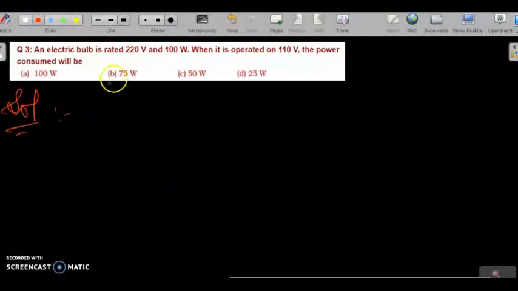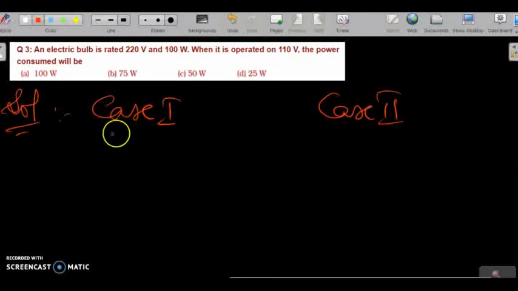So children, here we are into the third problem. An electric bulb is rated 220 volts and 100 watts. When it is operated on 110 volts, then the power consumed will be. So there is case 1 here, and there is another case 2.